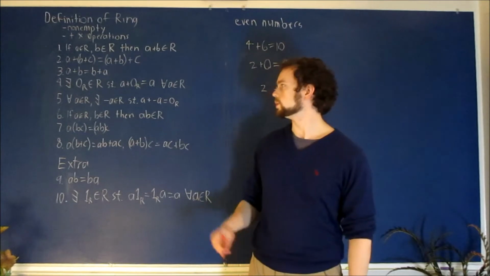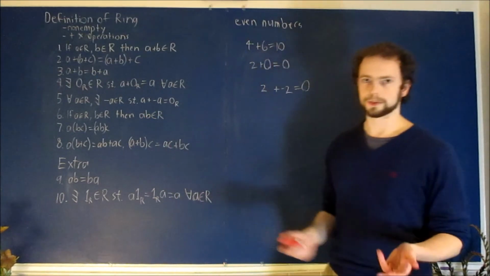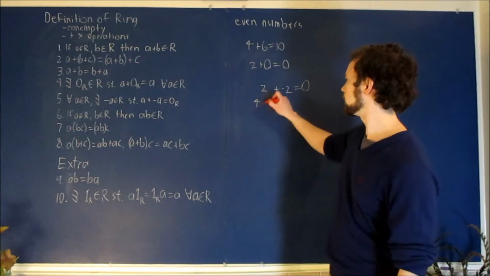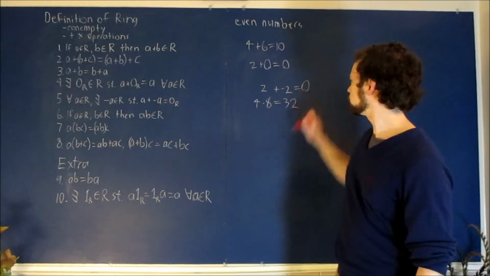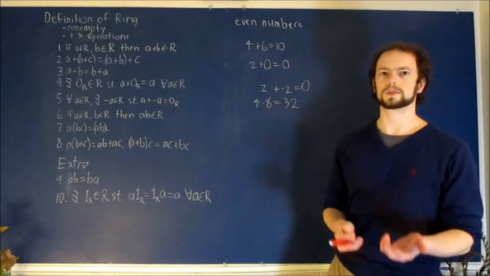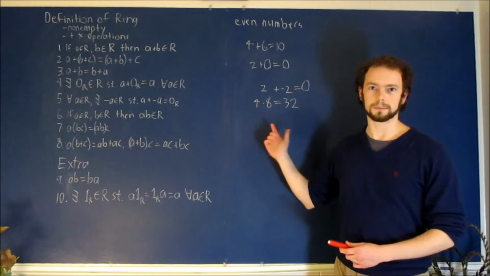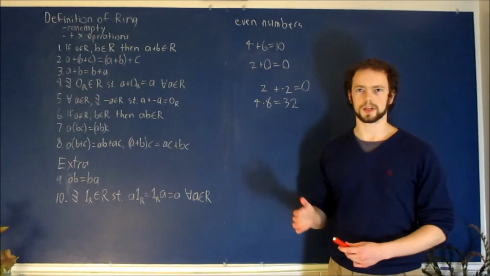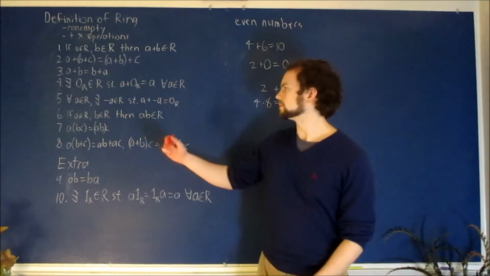If you take 2 even numbers and you multiply them together, you will also get an even number, right? It's just an example. 4 times 8 will give you 32, right? The result's even. Again, it's not hard to prove that this will happen with any 2 even numbers that you pick, but we won't do that now.